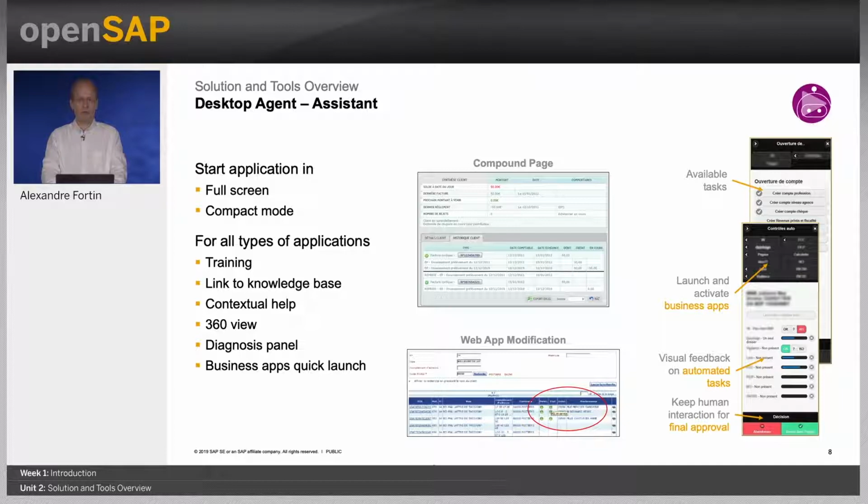As you can see on the right, the assistant is used as a guidance for performing the main tasks for an end user, because sometimes final approval is still required. Simply by adding a confirmation, it helps user adoption. The assistant mode can be used in a lot of cases, such as training, contextual help, quick launch. Such UIs can be built thanks to the Desktop Studio, as we'll see later in this presentation.